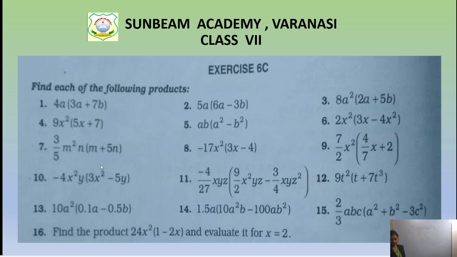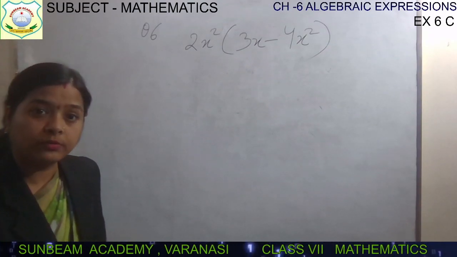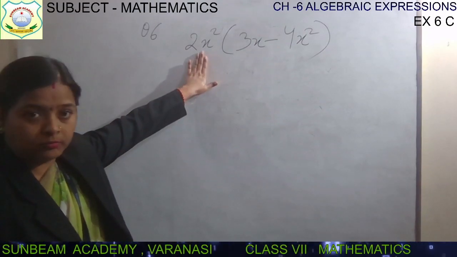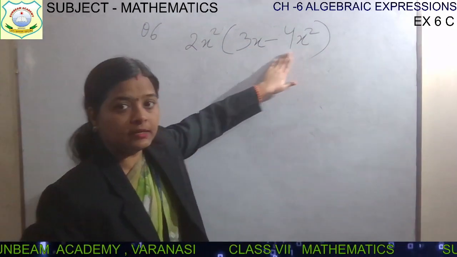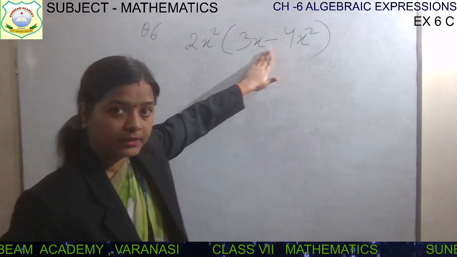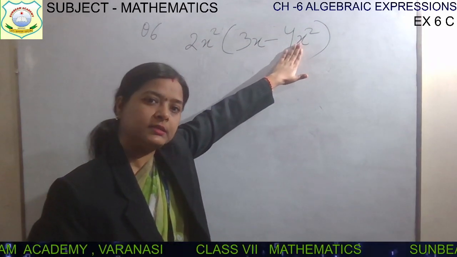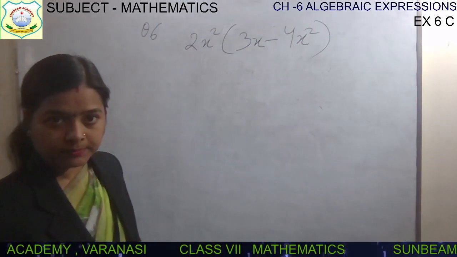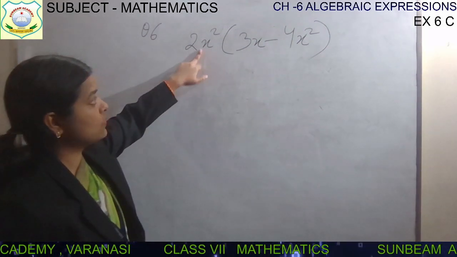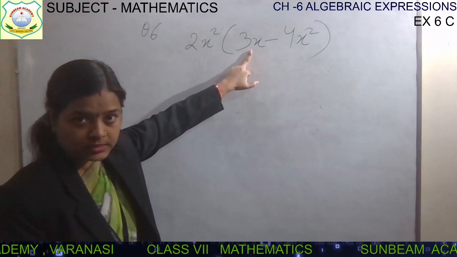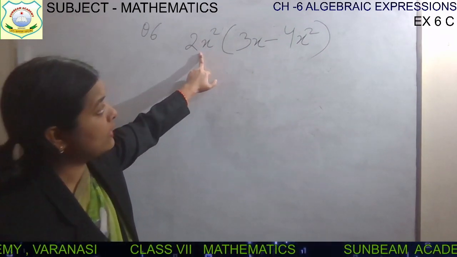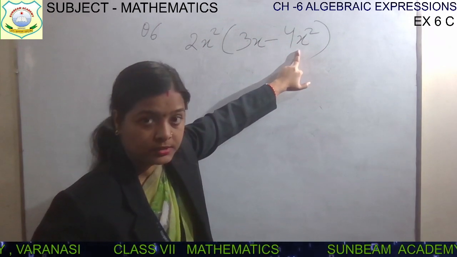Okay, see the question. This is the monomial, and inside the bracket there are two terms. It's an expression containing two terms, so it is a binomial. Now we will multiply it. So 2x square will multiply with 3x first, and then 2x square will again multiply with 4x square.